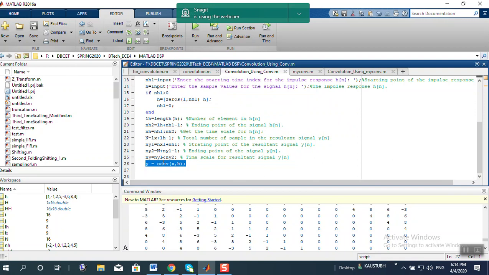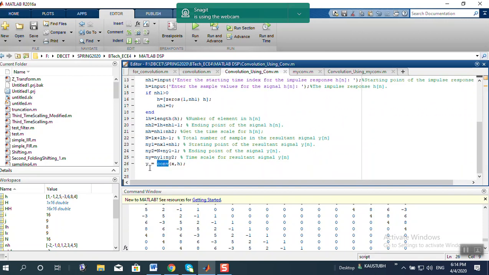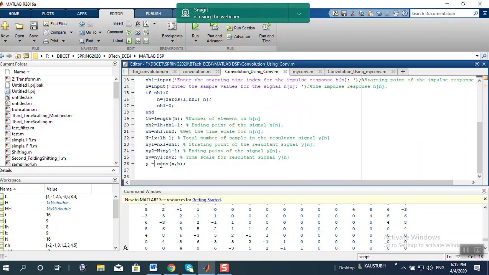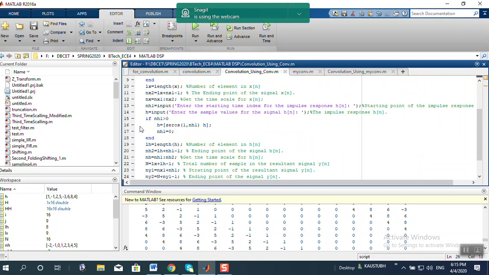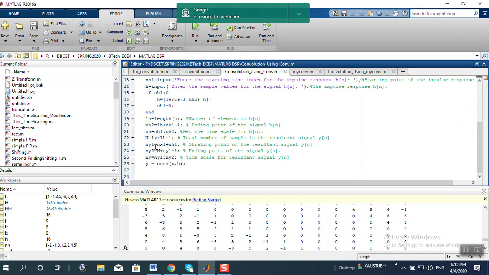Because if I do the convolution using the built-in command conv, and before that I have already done my time calculations, then along with this y I can get ny also. That is how we can make use of conv as well, if we have prior calculations of the time index.